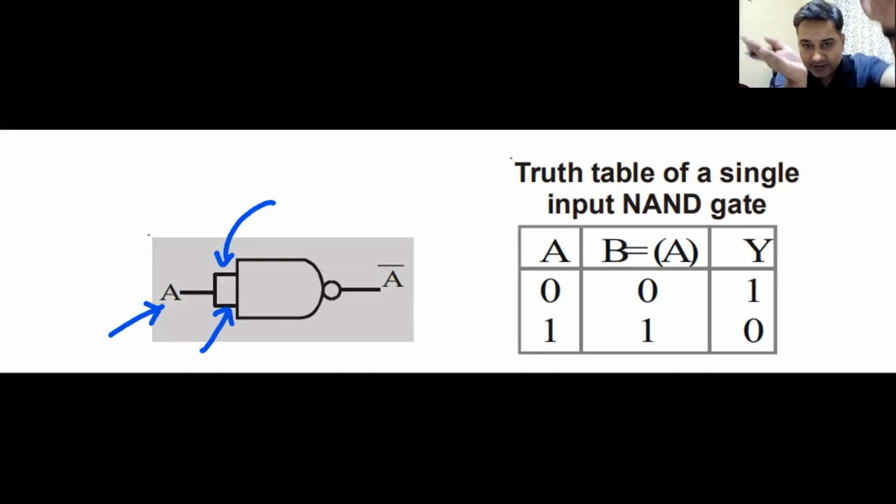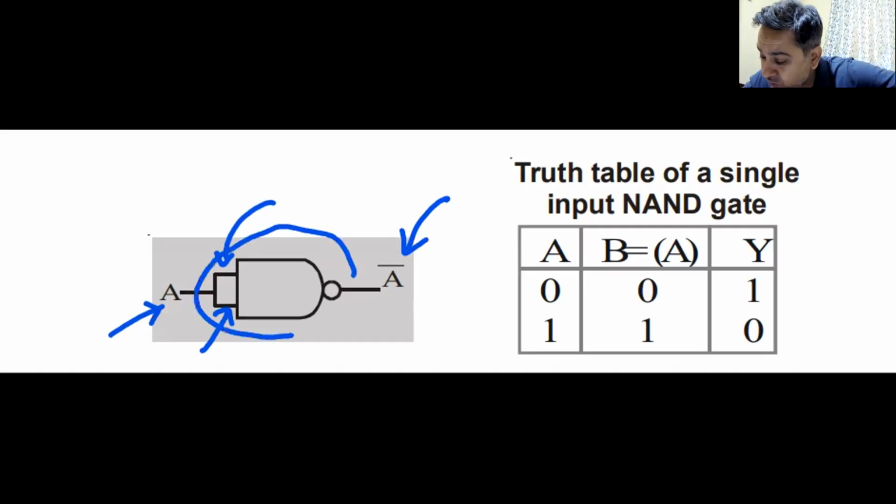So A is put in two positions, and the result of a NOT gate is A's complement. Yes or no? Yes, sir. And we will get that result. Now, this entire symbol might look very complicated, but it is nothing but a NAND gate converted into a NOT gate. Do we understand this?